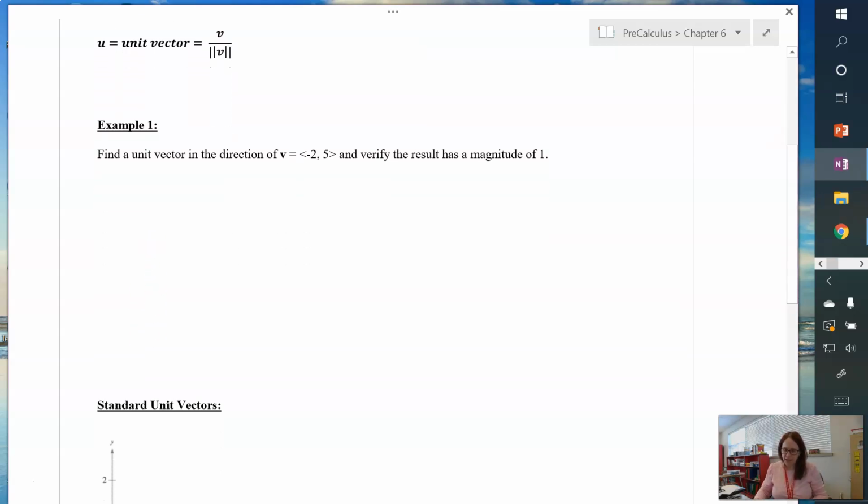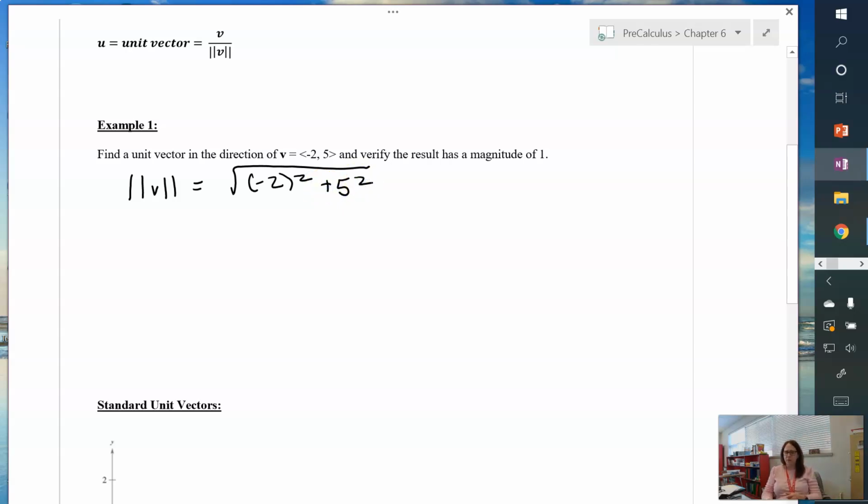We're going to find a unit vector in the direction of vector v, which is written in component form as <-2, 5>. So what I need to do is find the magnitude of vector v, and then I need to divide that vector by its magnitude. So here we go. Magnitude of vector v, that's going to equal square root of -2 squared plus 5 squared.